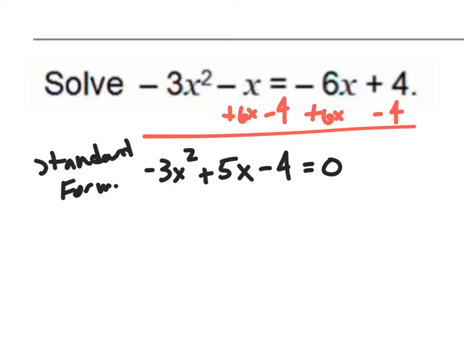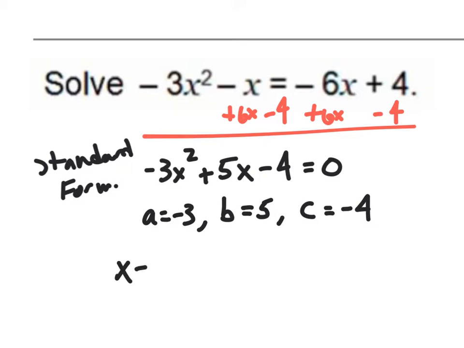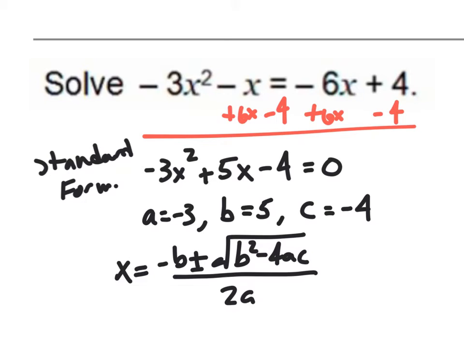So let's apply the quadratic formula. Before I do anything, I'm going to write out that my a value is negative 3, my b value is 5, and my c value is negative 4. My quadratic formula is x equals opposite b plus or minus the square root of b squared minus 4ac, all over 2a.